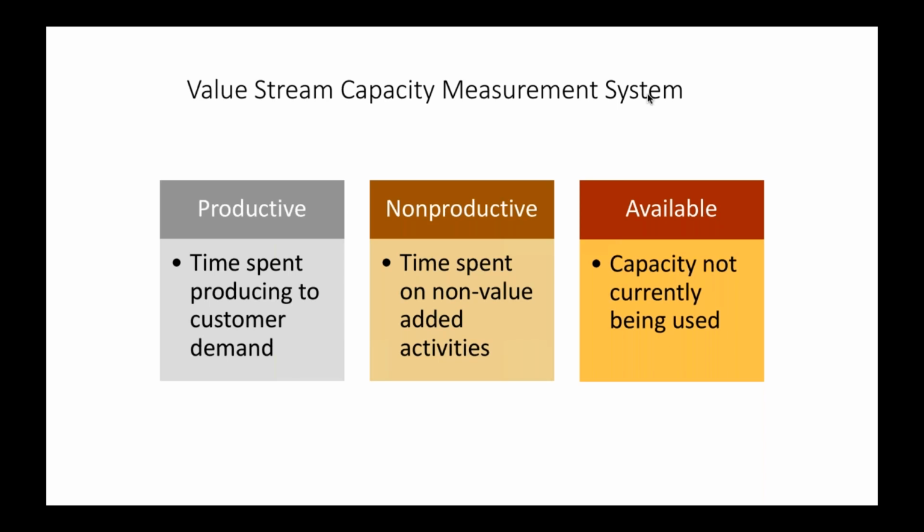If you're new to Lean, whether you're in finance or not, this is a new concept. Now, what's interesting about capacity is that the capacity numbers really don't appear on the financial statements. However, the cost of the capacity, the amount that you spend in labor, the amount on your machines, the amount of your facilities, that does appear on the value stream income statement.